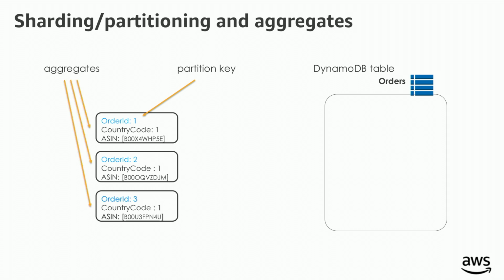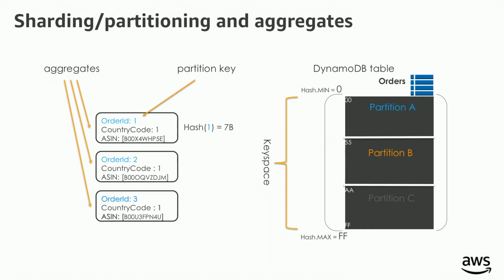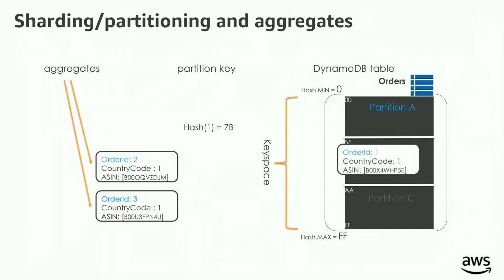And so each one of these is an aggregate, and so if we select this partition key such that we can horizontally scale, what we see is that as we add more orders and each order has a different partition key, we're able to scale this horizontally all day long.